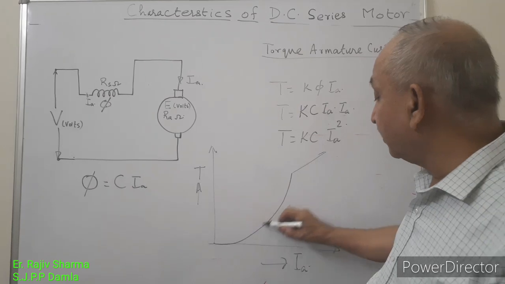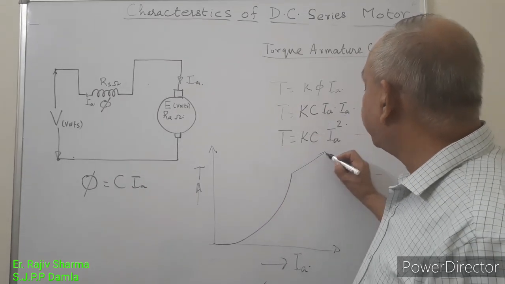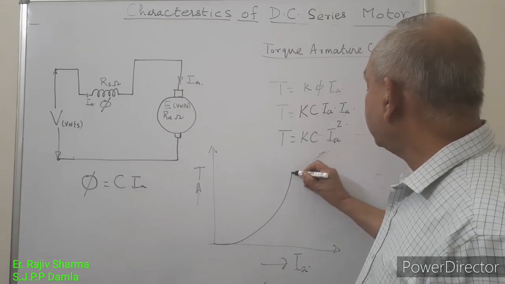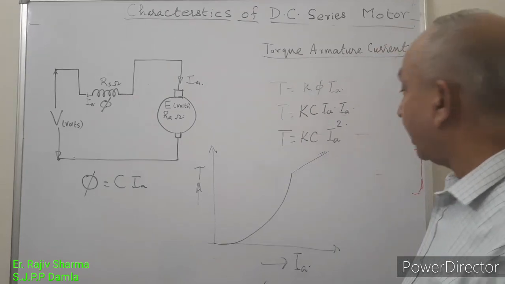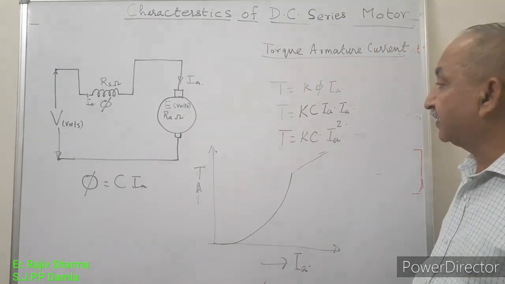So this is before saturation and this is after saturation. This was torque armature current characteristics.